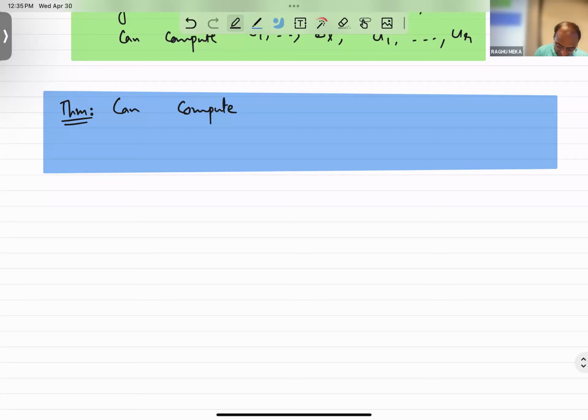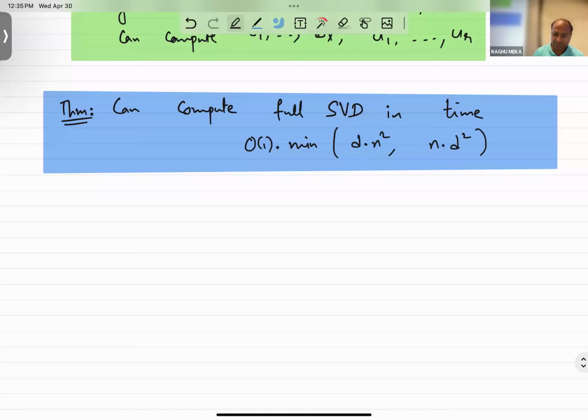And the main theorem in this space is that I can compute full SVD in time that is O of D times n squared. Or, think of it as O of min of D times n squared or n times D squared. You can do one of the two, whichever.